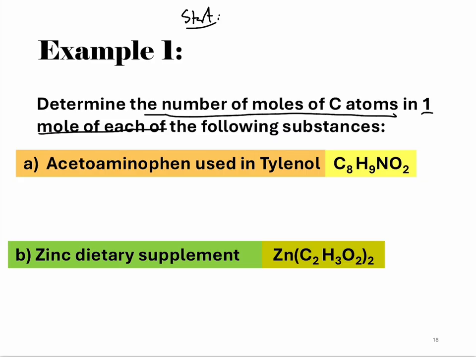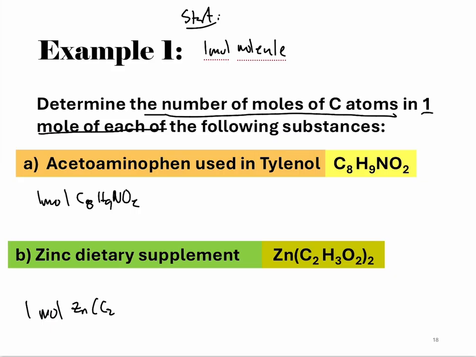We know that's going to be our conversion between them. But we're starting with 1 mole of each molecule. So in that case, this is 1 mole C8H9NO2. And in this case, we're starting with 1 mole zinc C2H3O2.